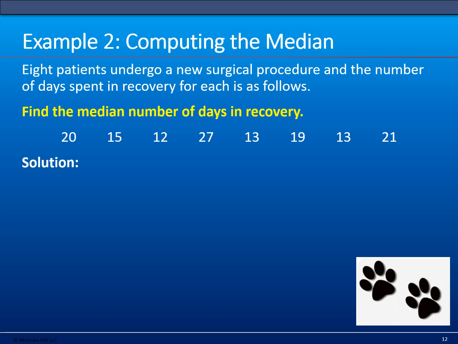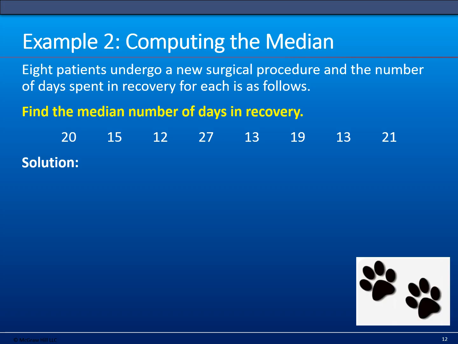Let's try another problem. Again, go ahead and hit pause and try this problem, and then when you're ready, hit play again. Example 2. 8 patients undergo a new surgical procedure, and the number of days spent in recovery for each is as follows: 20, 15, 12, 27, 13, 19, 13, 21.